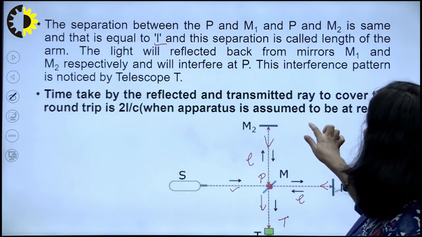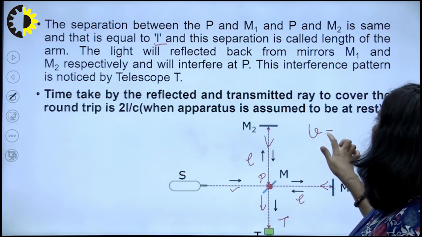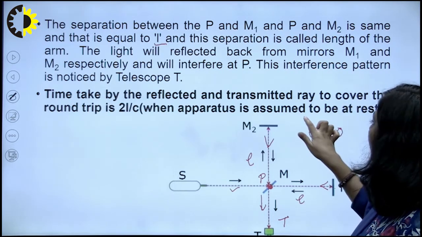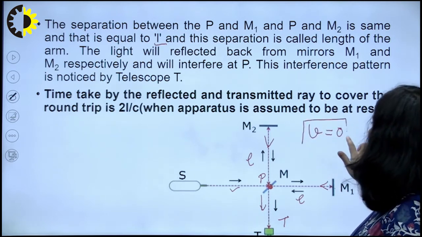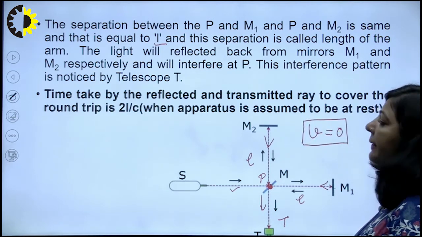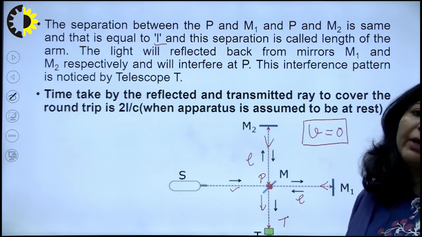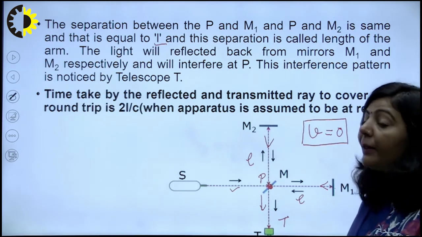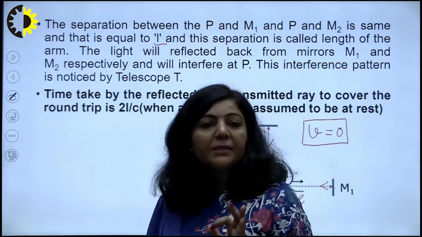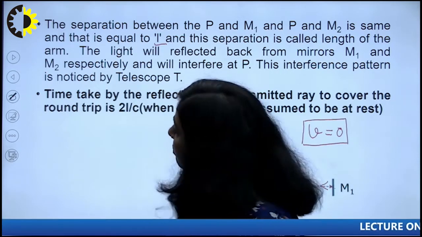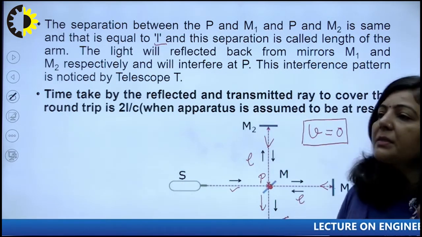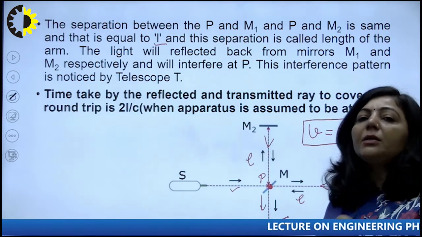First step, when this apparatus is at rest. So this is your case number 1. It was assumed that this apparatus is at complete rest. If I am saying that the apparatus is at absolute rest, it means this apparatus is present in the ether frame.